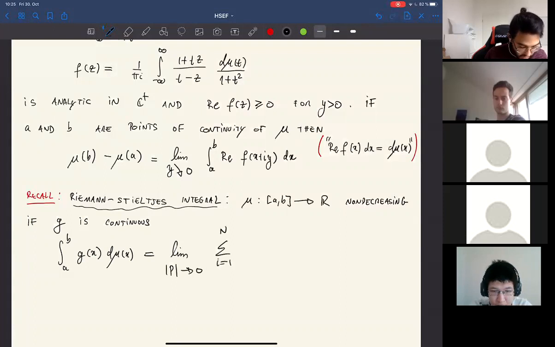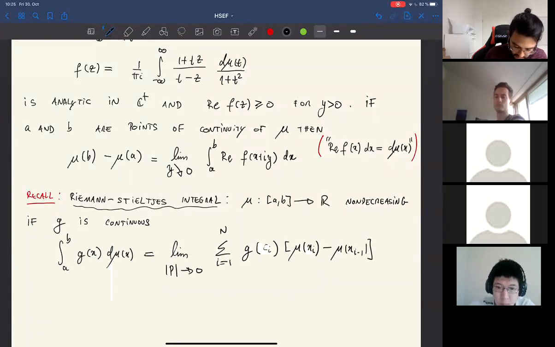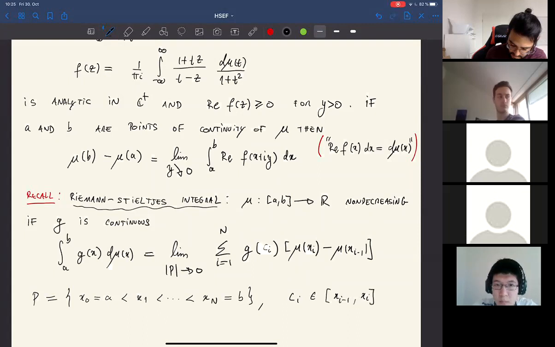So it's basically just a Riemann integral, but using this measure as a length. So P is a partition here. So let's say x0 is a, less than x1, less than ... xn, which is b. And ci is just any point in the interval [xi-1, xi].